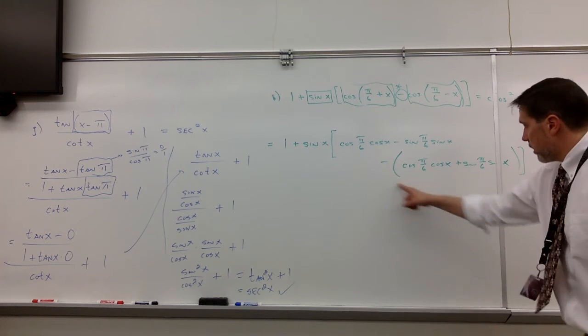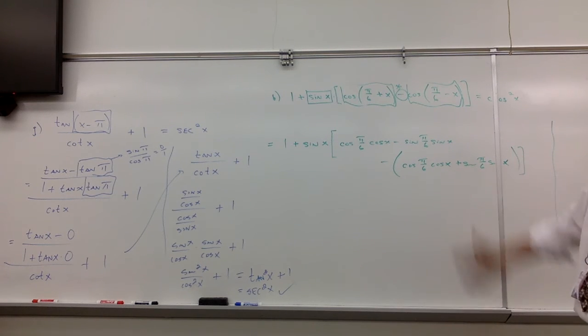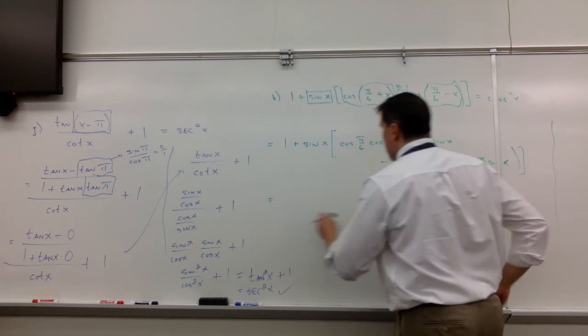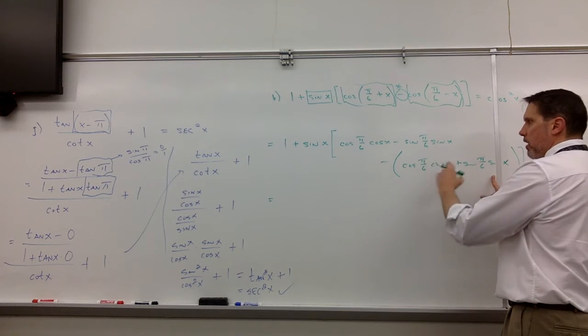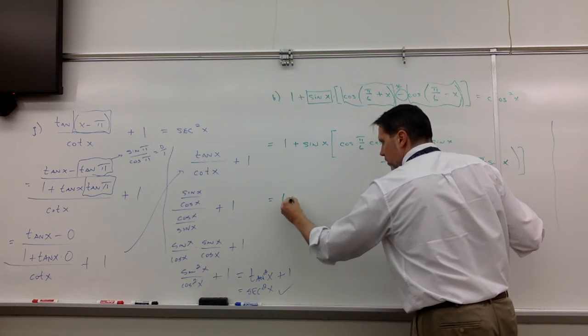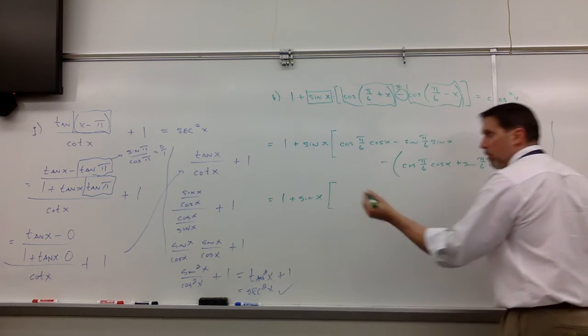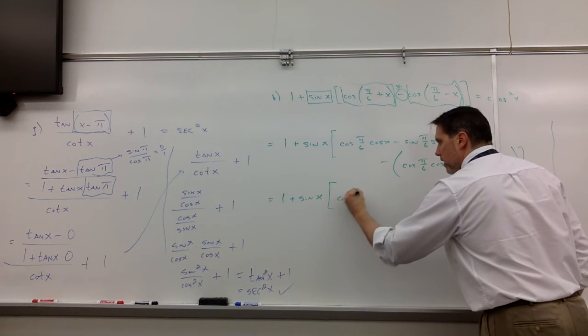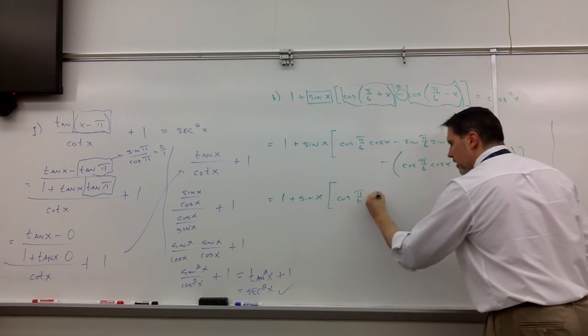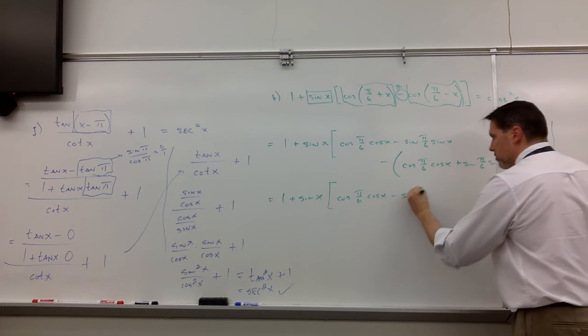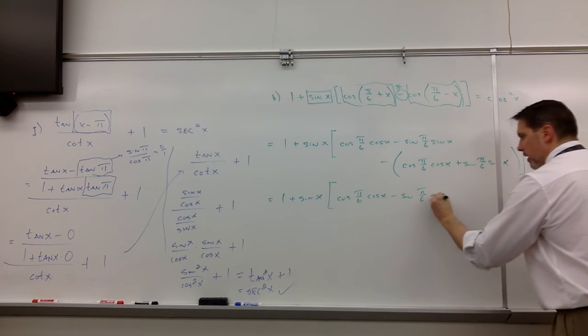Now, I'm going to take the negative through. While I'm at it, I'm going to evaluate some of these, or should we simplify first? Let's do some algebra. Just simplify. Take the negative through. I think some things will cancel, which will make a little bit less writing, I guess, in the long run. So we got the cosine pi 6, cosine x, minus sine pi 6 sine x.